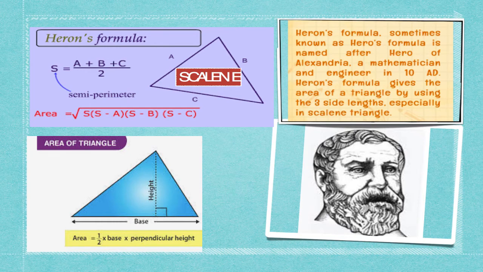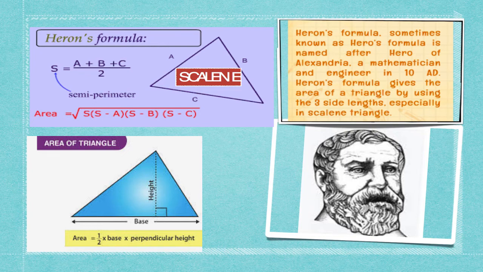And this formula is basically used for those triangles which are scalene. Because it is difficult to find the height of scalene triangles, therefore he derived another way to calculate the area of those triangles. So when you are given three sides of a triangle, there is no need for you to find out the height by using the Pythagoras theorem.